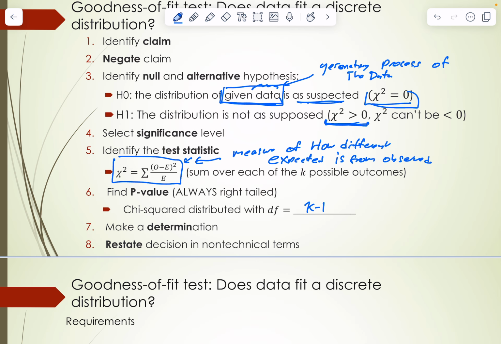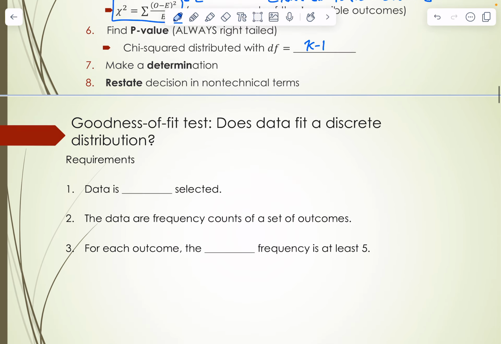After you have found the p-value, you have to make a determination. Is that p-value less than alpha? If the p is low, then the null must go. If it is not, then we fail to reject the null hypothesis. Then we restate the decision in non-technical terms with reference to the original claim.